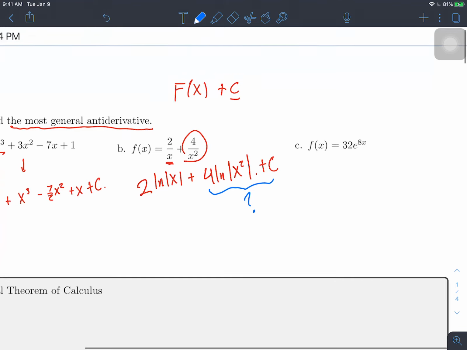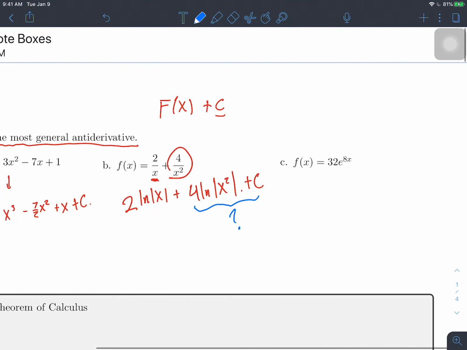Okay. The rule we learned for ln was that ln x is the antiderivative of 1 over x.